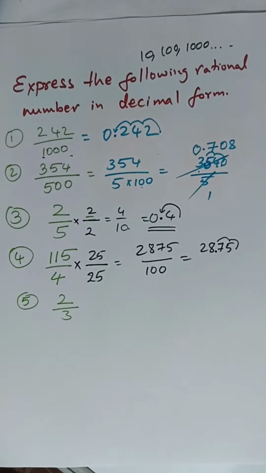I know it's 0.666, but how can you explain? Elaborate your answer, please.